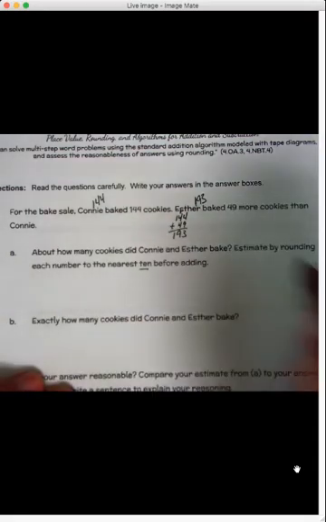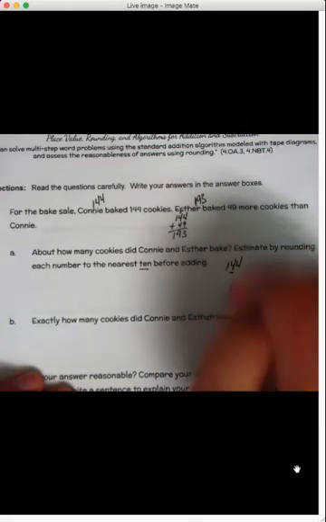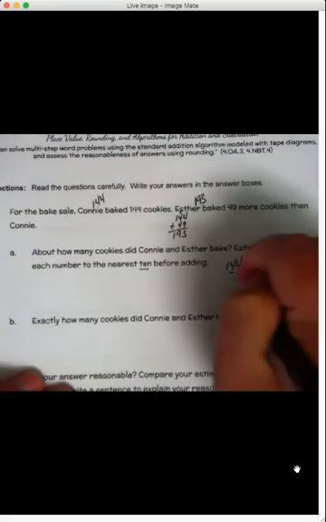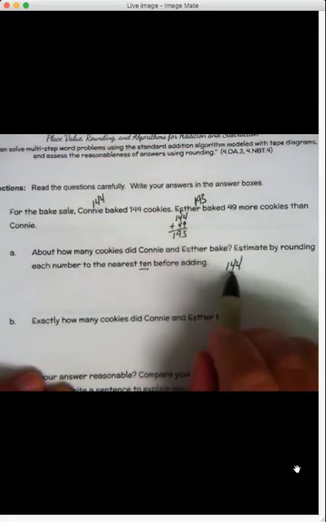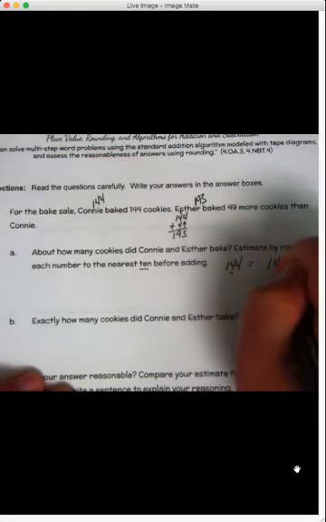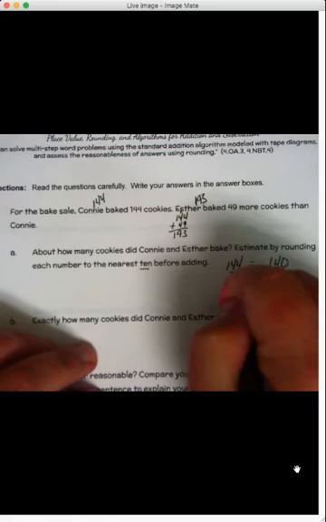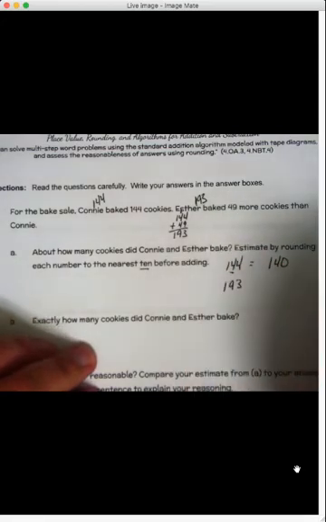So let's take Connie's 144 cookies, and we've got to round that to the tens place. What's to the right of it? It's a 4. 4 or less, let it rest. So this 4 stays a 4, and that becomes a 0. So when we round it, we can say Connie baked about 140 cookies. Now let's take Esther's 193 cookies.